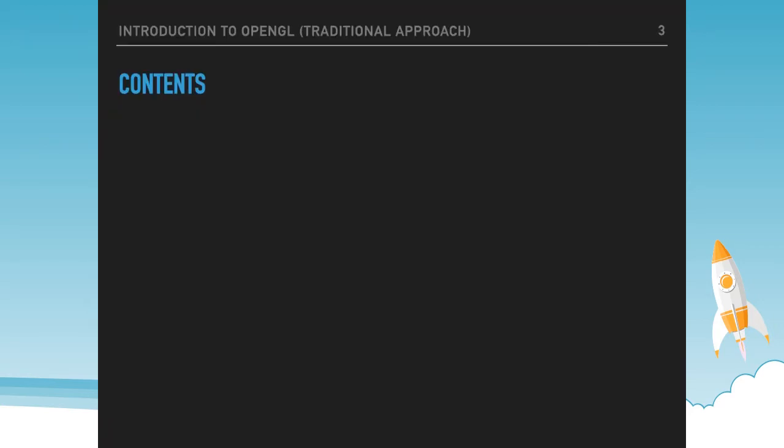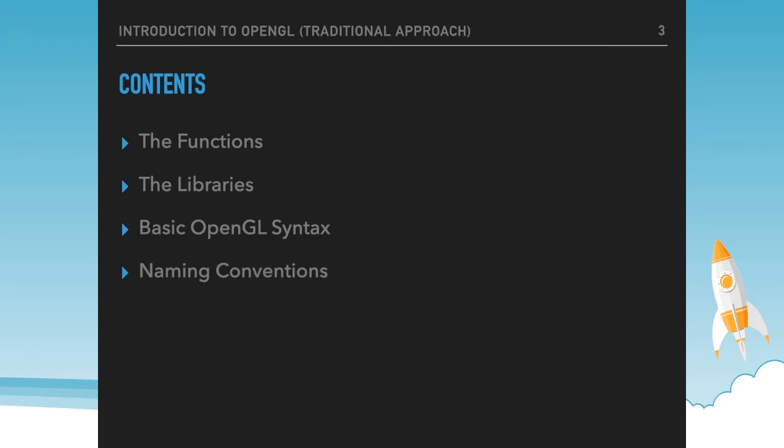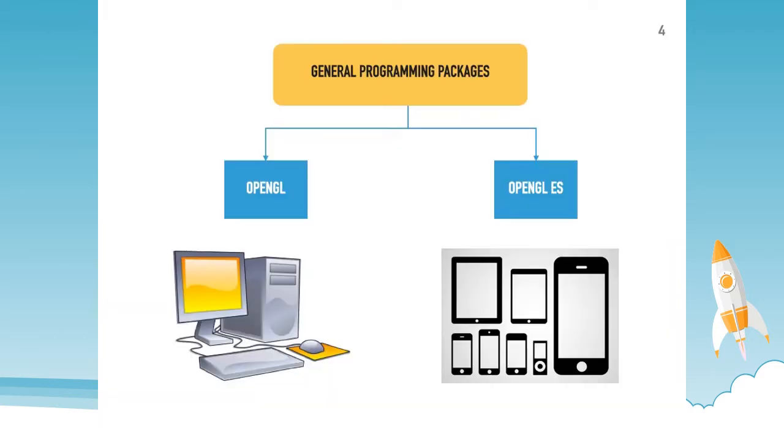The contents for this topic 2, part 2 consist of the functions, some available libraries, the basic OpenGL syntax, the naming conventions, some data types, and also the others.